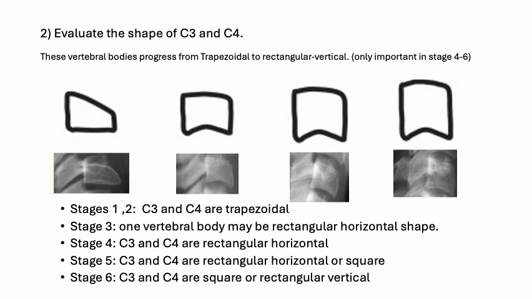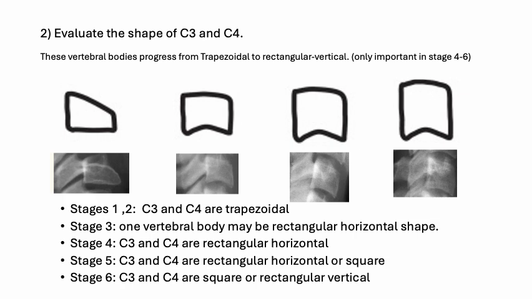And so stage 1 is defined by C3 and 4 being trapezoidal. And so trapezoidal means that the posterior border is taller than the anterior border, so it's the sloping anterior trapezoid. And it's fairly easy to recognize.